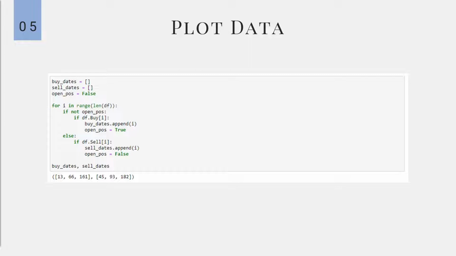We have 2 lists, buy dates and sell dates, and an open position flag, which is false at the beginning, and then we iterate over our data frame.